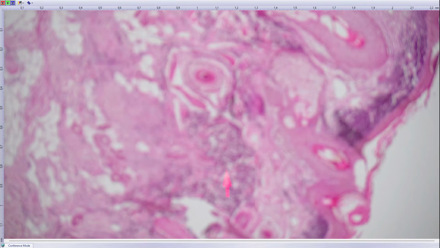So my diagnosis here would be elastolytic hemangioma, which is a typical hemangioma that is arising inside or above elastosis of the dermis.